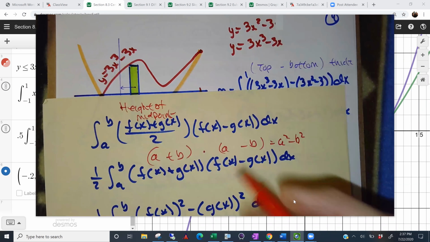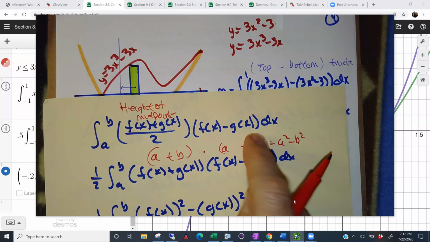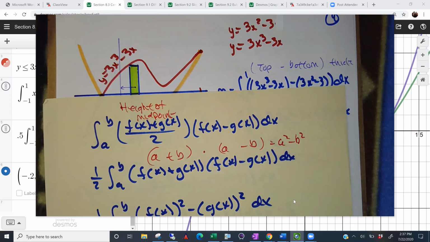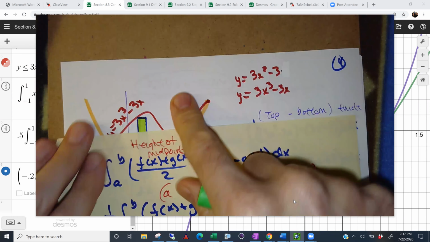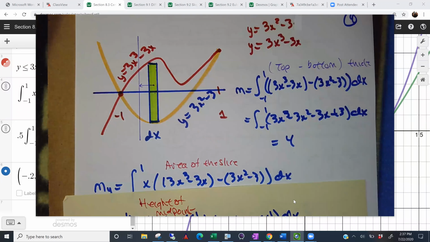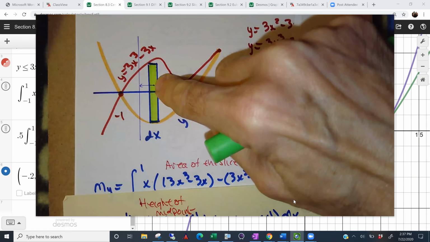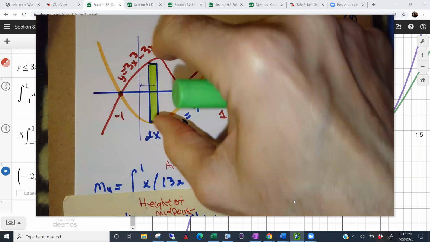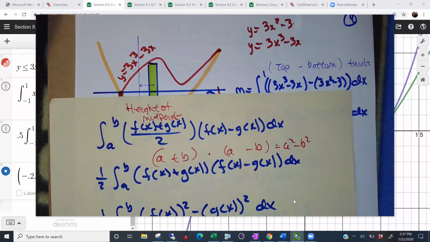The other part of this is going to be the area of that one slice, because this slice tends to turn things around the x-axis with a force that's felt at the midpoint times the area of that slice. So that's what the next part of this is.